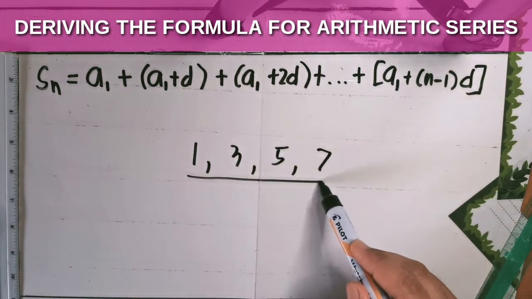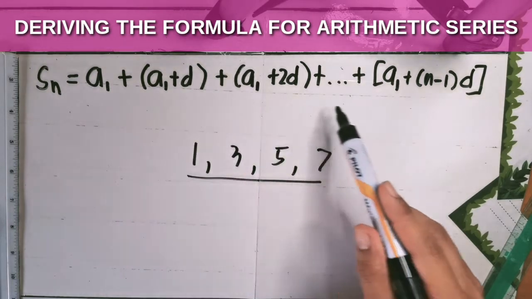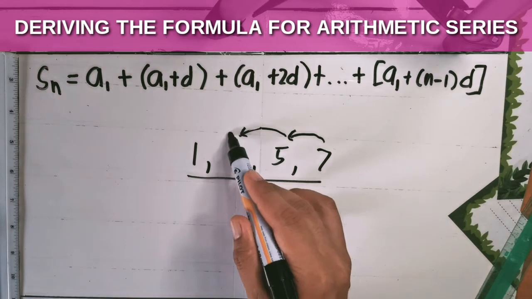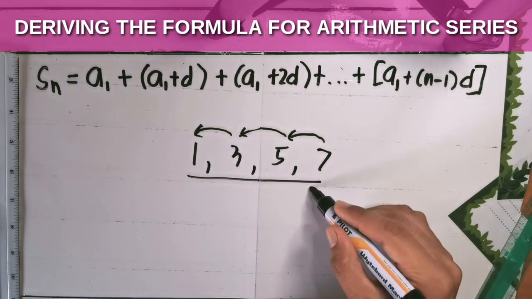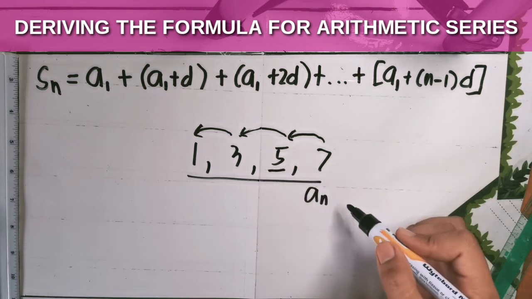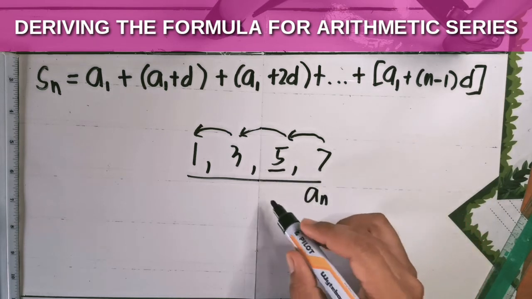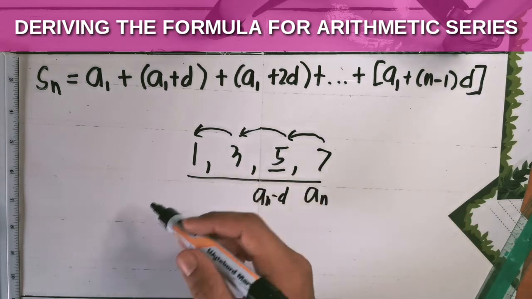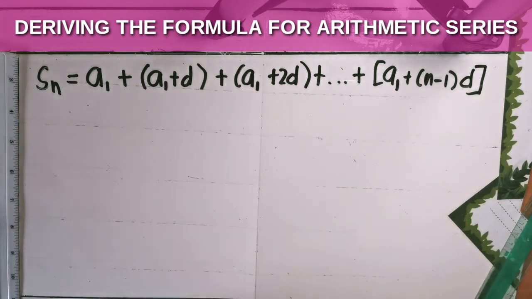Since this is represented by this algebraic expression, how about reverse order or pabalik? As you can see, this is a sub n, right? So anong ginagawa natin para makuha yung next term? We subtract the common difference. So that is a sub n minus d. And so on and so forth.